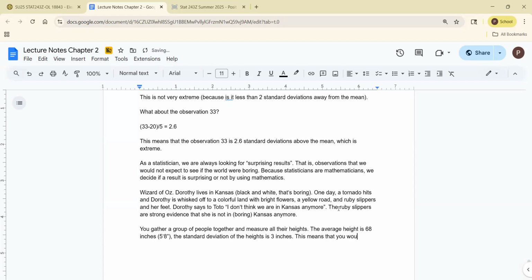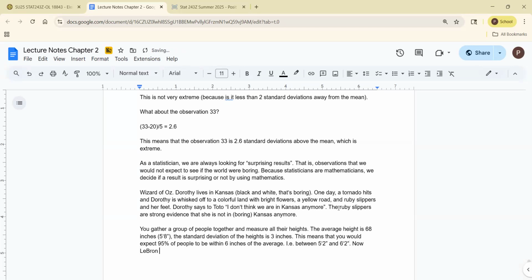This means that you would expect not every person, but 95% of people to be within 2 standard deviations, 6 inches of the average, i.e. between 5'2" and 6'2". Yep, 5'2" and 6'2".